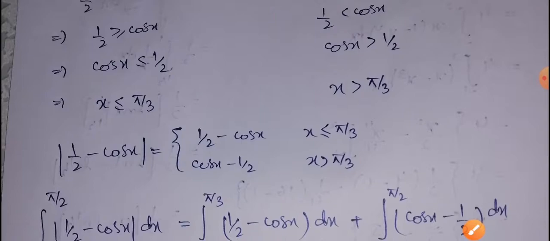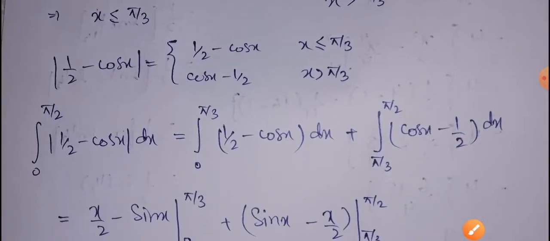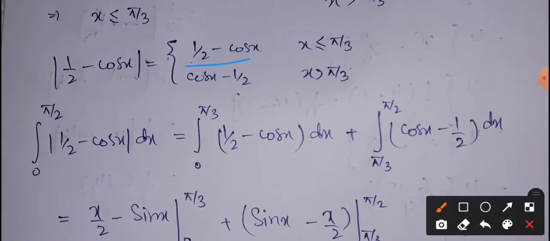So solving this further, we get x is less than or equal to pi by 3, then we get the same one, and for x greater than pi by 3 it is going to change its sign. So as we know that the interval is varying from 0 to pi by 2, that is 0 to 90 degrees, and 60 degrees appears in it. So we are going to break it at pi by 3 or 60 degrees. So 0 to pi by 3 and then pi by 3 to pi by 2.